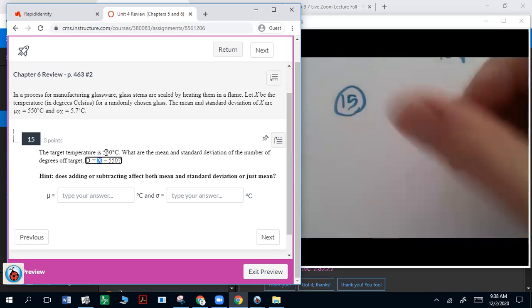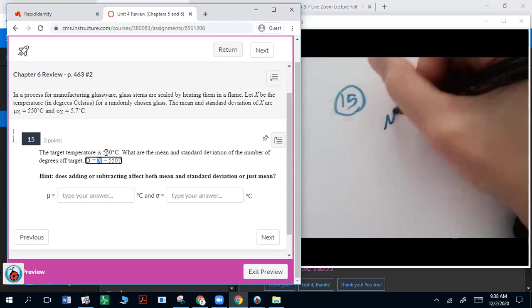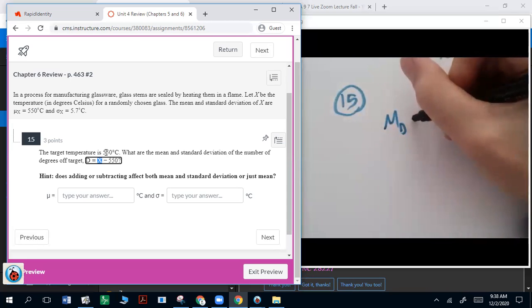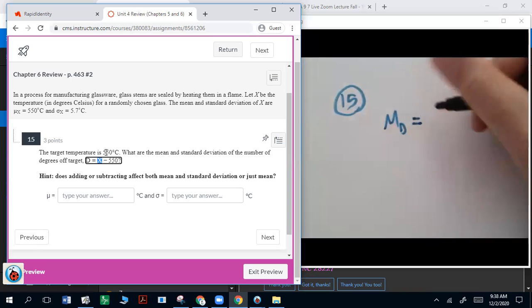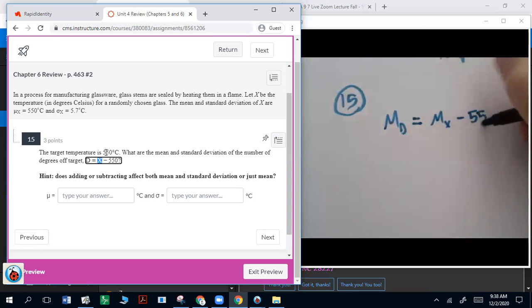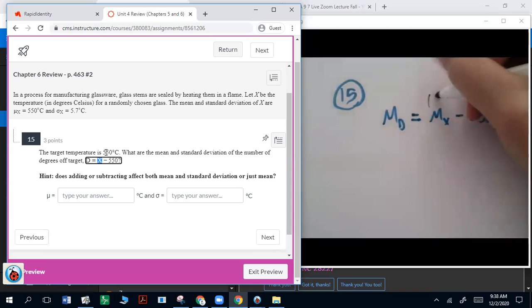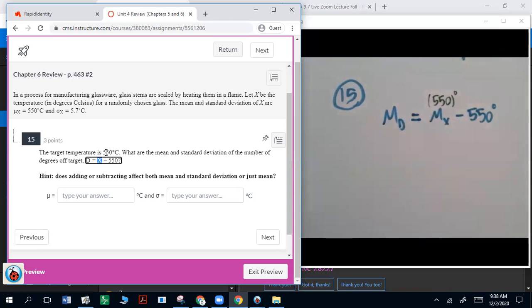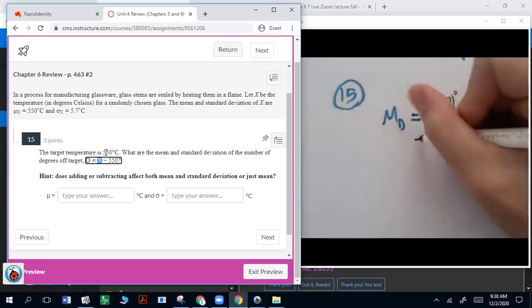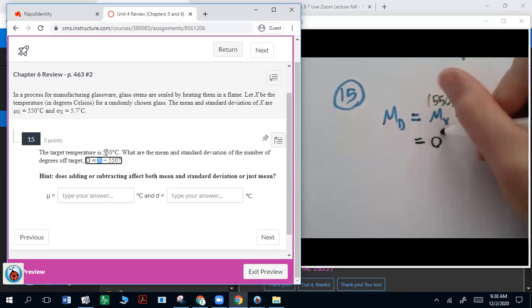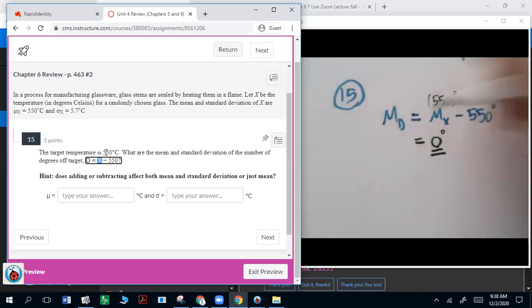Well, with that mean, you just say the mean of D is equal to mean of X minus 550 degrees. Well, we know the mean is 550, so we're going to plug 550 in for that. It turns out that if your mean is 550 and your target is also 550, that's actually going to give you a new mean of your degrees off of 0. So we are 0 degrees off on average.